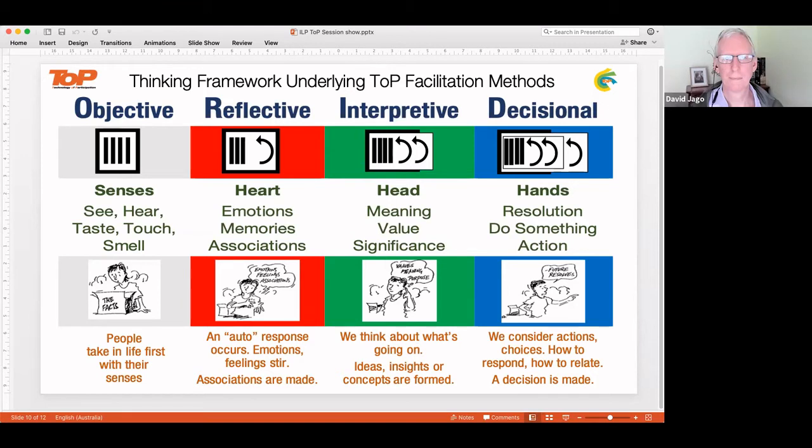Now, I want to just pause there. What we have planned is a little activity to ground this. So what I've done is to talk you through the conceptual framework, if you will, and then we want to use an activity to help that settle practically for us. Not conceptually, but experientially.